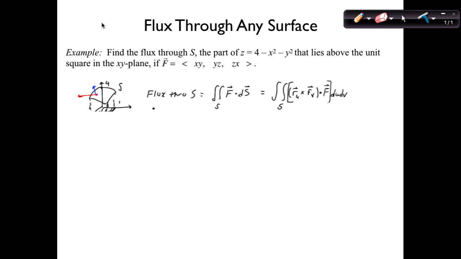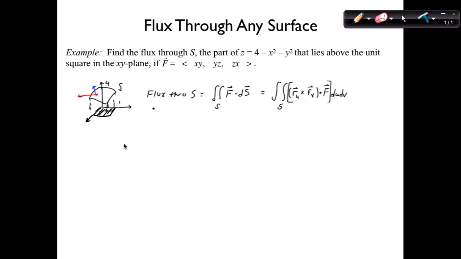F is xy, yz, xz. So that's a paraboloid opening downward with vertex at 0, 0, 4. We've got a curved surface, so we're going to use this form, F dot ru cross rv. I'm not sure why I reversed it, but it's the same thing. Dot product order doesn't matter.